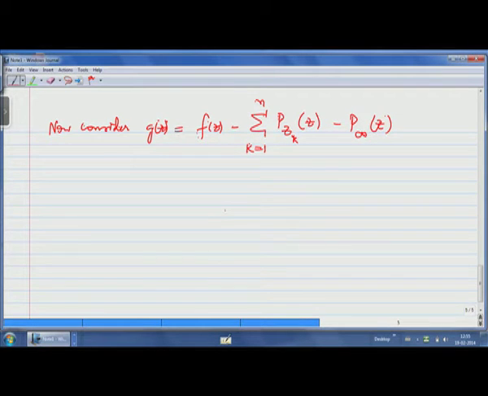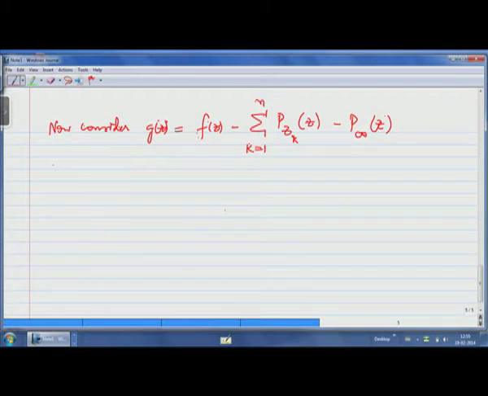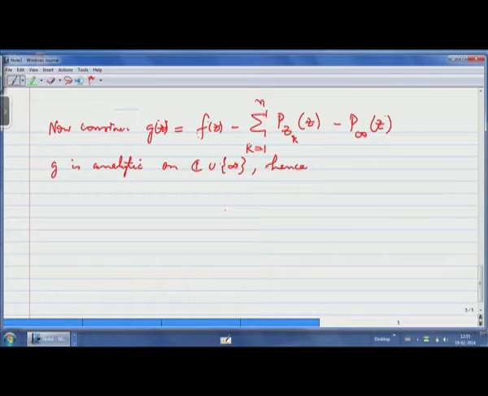Now what you get is that g(z) is analytic on the whole extended plane, and by Liouville therefore it is a constant. g is analytic on C union infinity, hence a constant by Liouville.